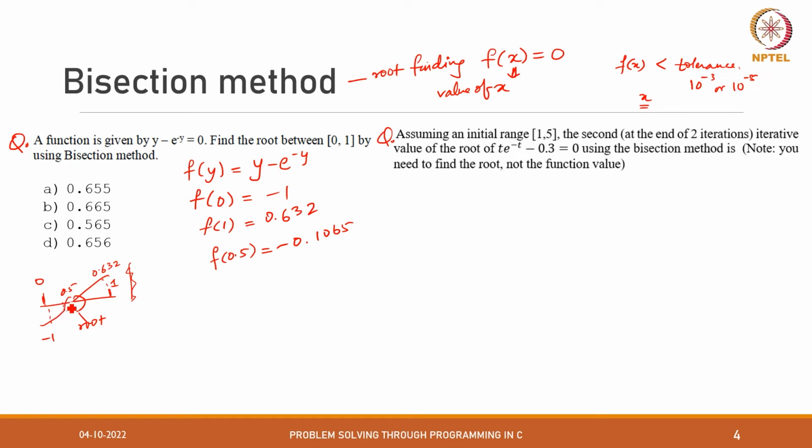Next we take 0.5 and 1 as the range, and calculate the bisection again: 0.5 plus 1 by 2, that is 0.75. What is the value at 0.75?